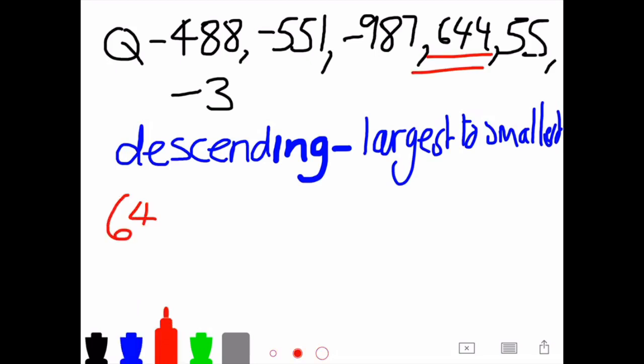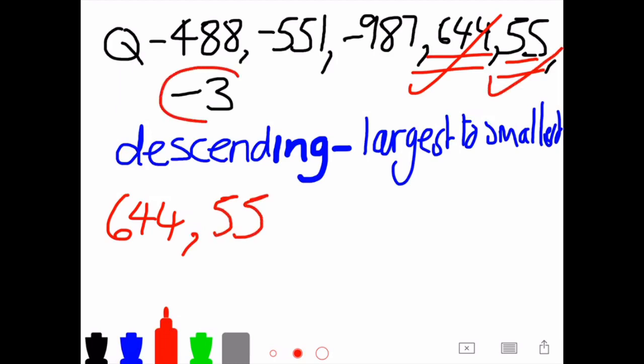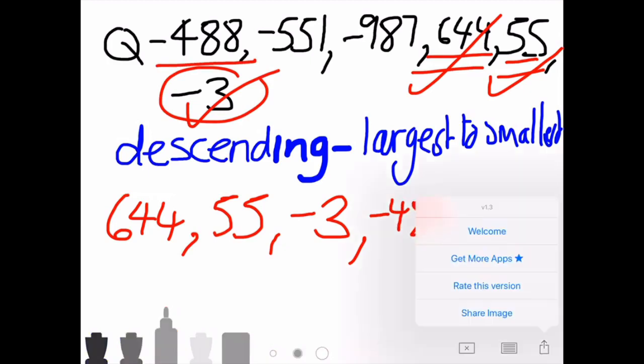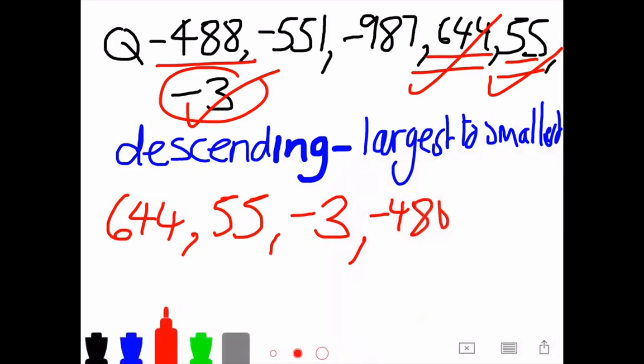Okay, so starting with 644, that's gone. 55 is next, because it's still the positive side, that's gone. -3, -440, sorry, -488.